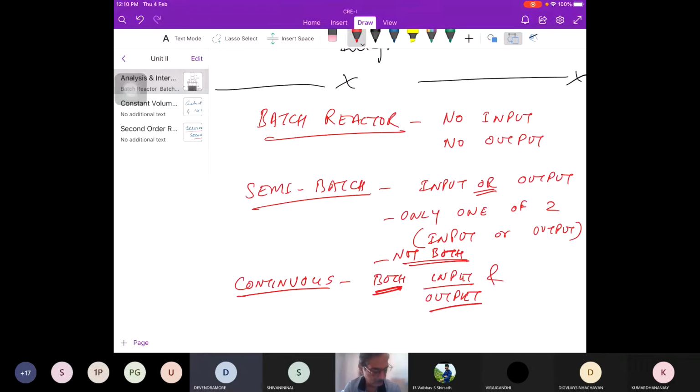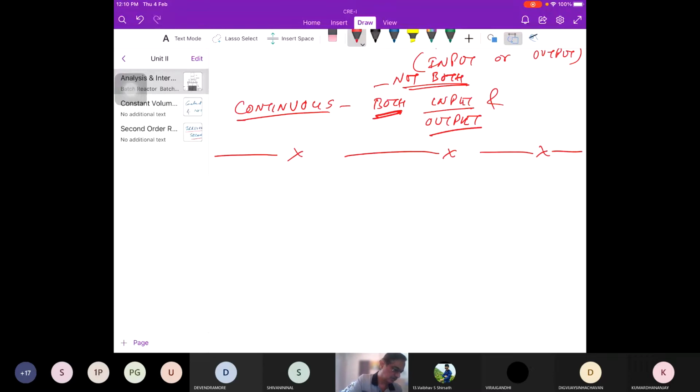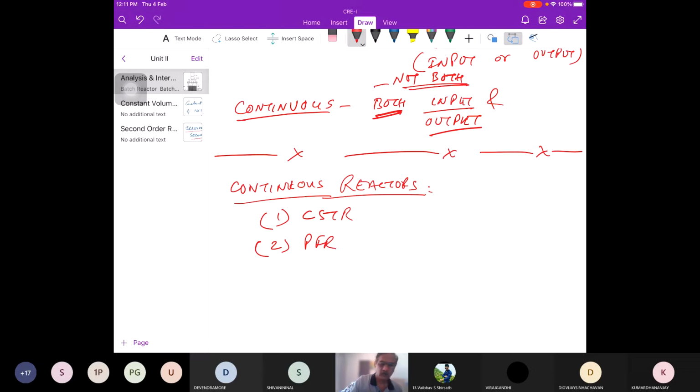Right. So what is the difference between CSTR and PFR? You can tell. Who can tell what is the difference between CSTR and PFR? Dikshita?